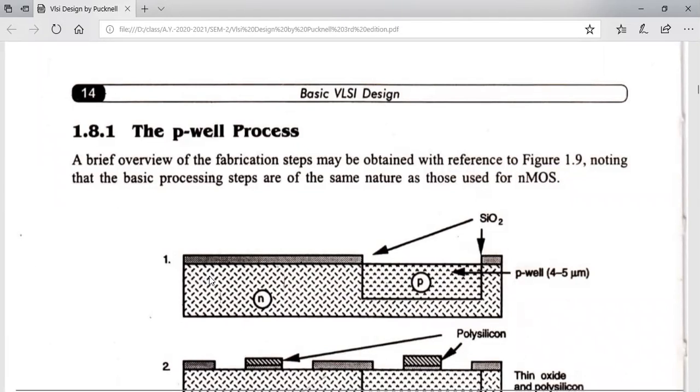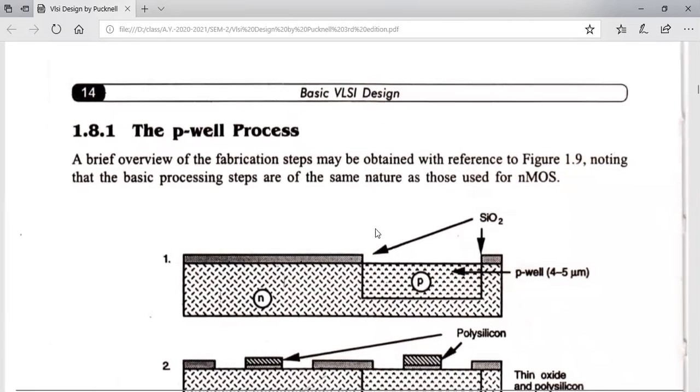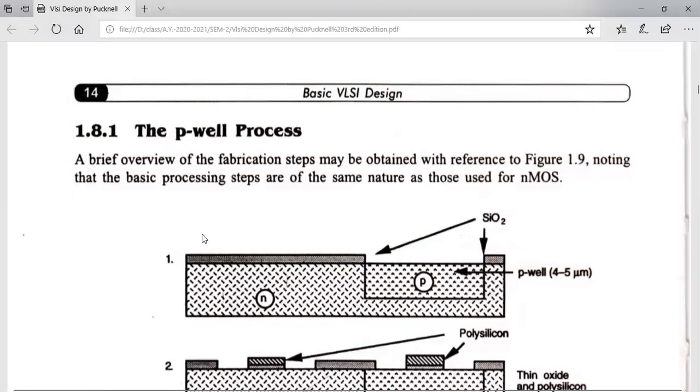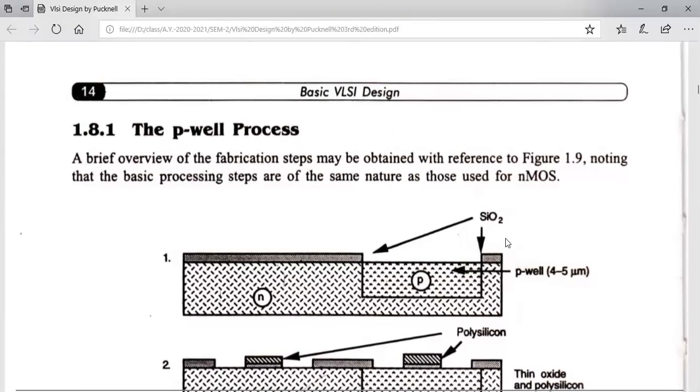You can see here, first I have a silicon wafer. I made it N-type. After that, I have formed a photoresist on it, and I am covering this particular part with the mask. You can see here the leftmost part and the rightmost part are uncovered.